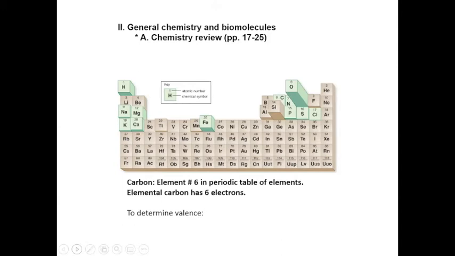And by the way, when you look at the different kinds of bonds or interactions that atoms make with one another, one of those kinds of bonds is called a covalent bond. That means they're sharing valence electrons. They're sharing. All right? Sweet.